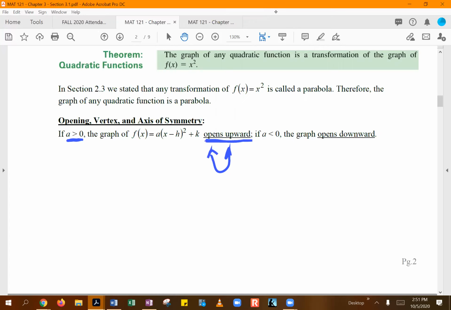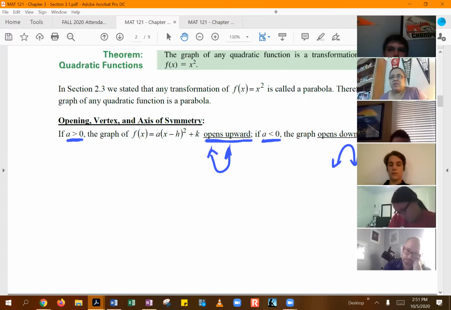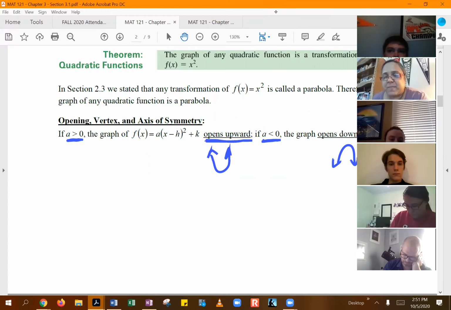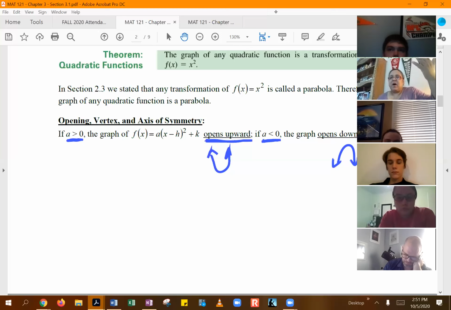If the A value is negative, then your graph is opening downward. Think about it: when you have a negative in front of that A in our equation, that creates a reflection. So if A is positive, obviously we're opening up. If we put a negative in front of that A, it's creating a reflection, and that reflection is what makes our graph open downward.